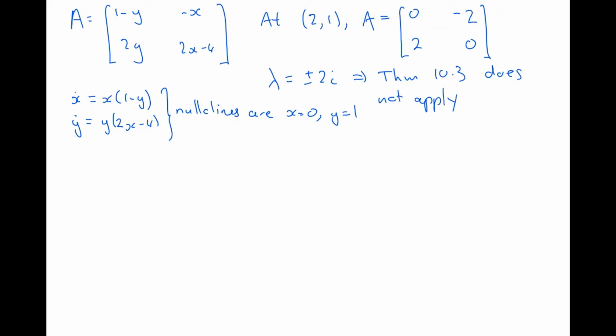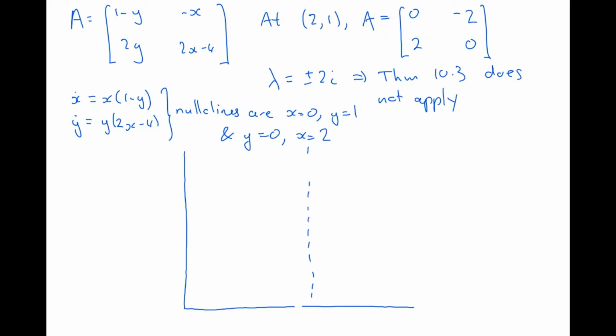That's where x dot is 0. And where y dot is 0, you get y equals 0, x equals 2. So we get nice simple equations for the nullclines. I'll just draw the first quadrant. And I have one at x equals 2. And one at y equals 1.